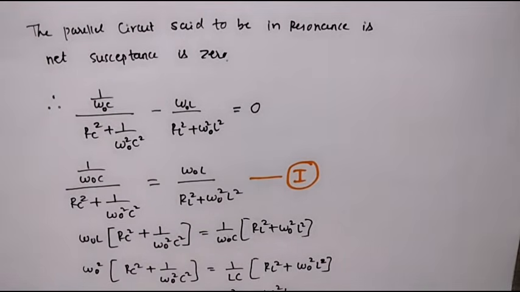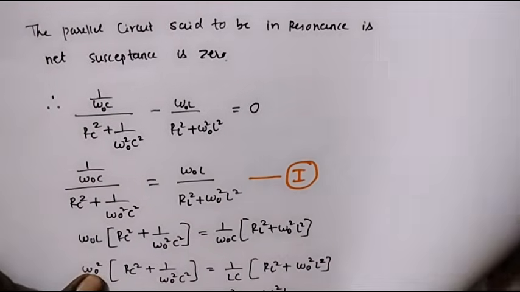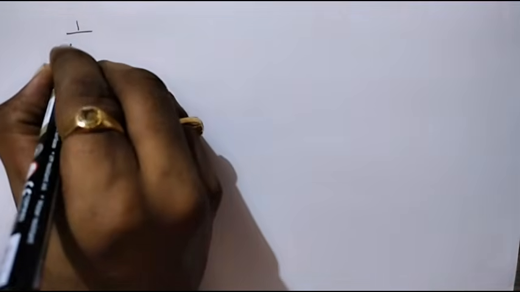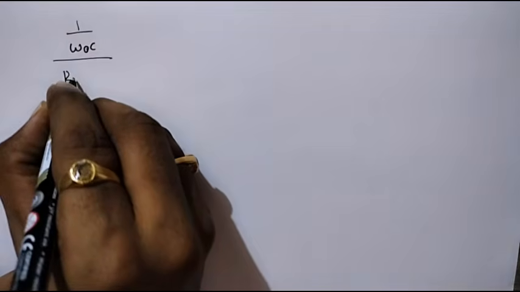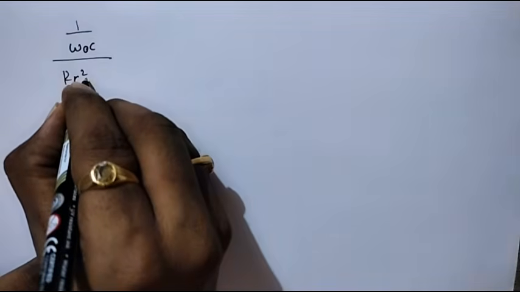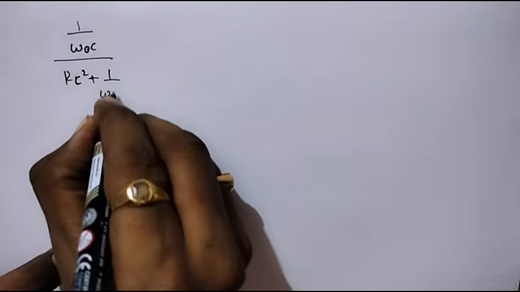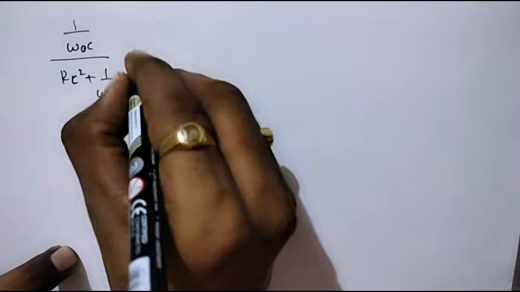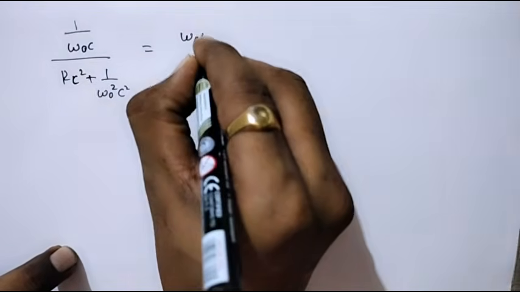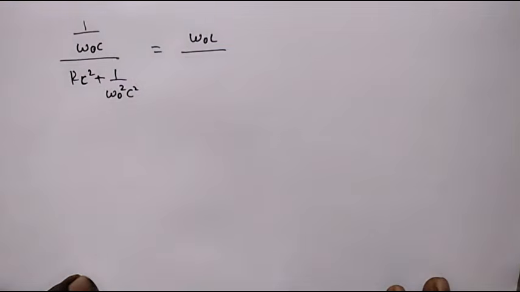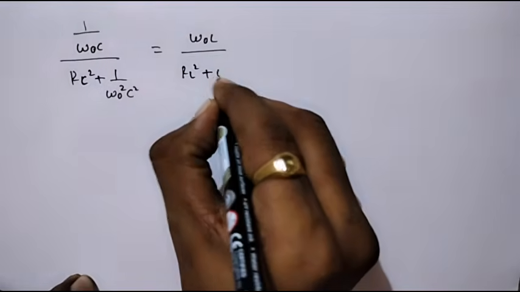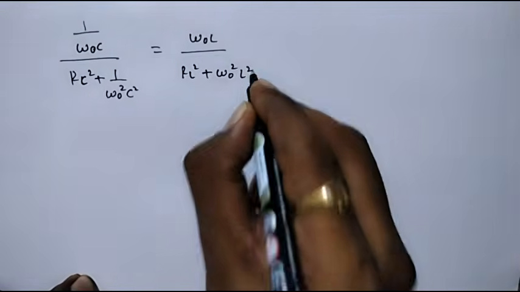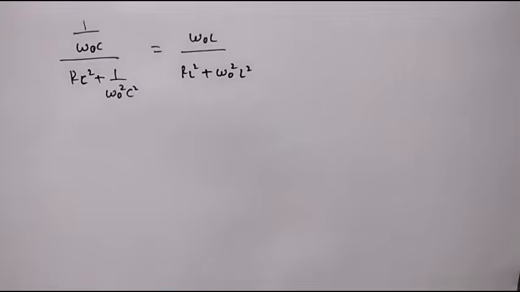I will rewrite equation number 1: 1 over omega naught C divided by (RC square plus 1 over omega naught square C square) is equal to omega naught L divided by (RL square plus omega naught square L square). This was equation number 1.